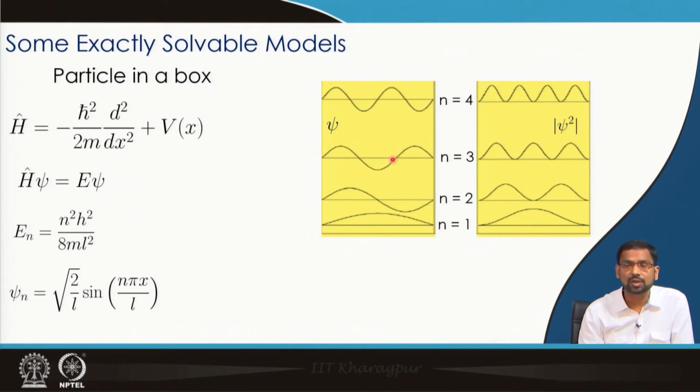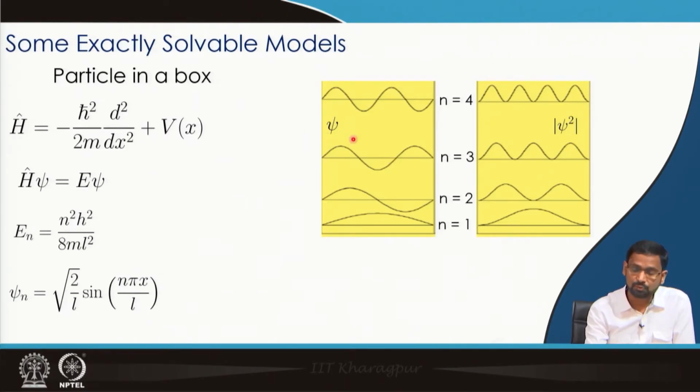These places where the wave function becomes 0 are called nodes, because that's where the probability of finding the system becomes 0. So as I go higher in energy level, I see more and more nodes. This is a common feature that you would see in most quantum mechanical systems. Higher energy states typically correspond to more nodes.